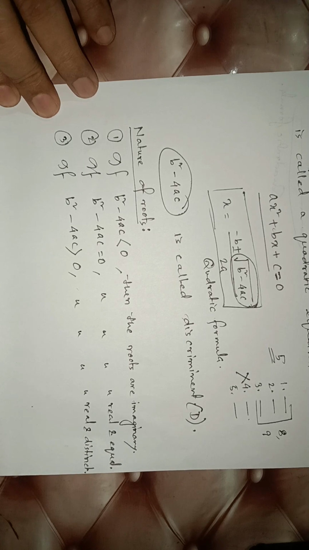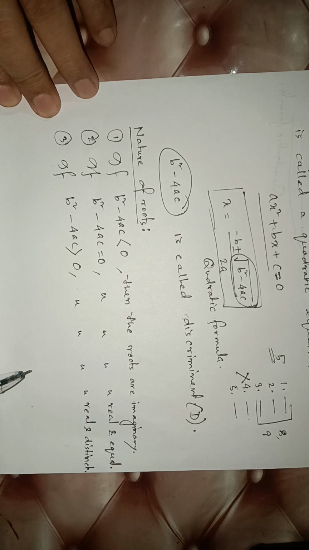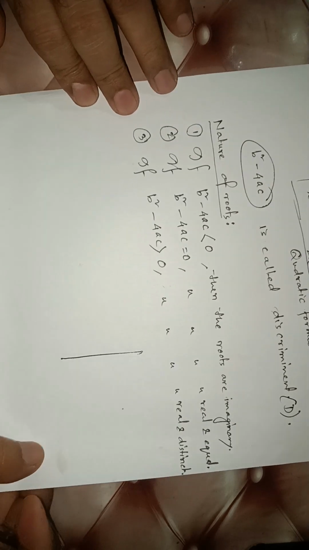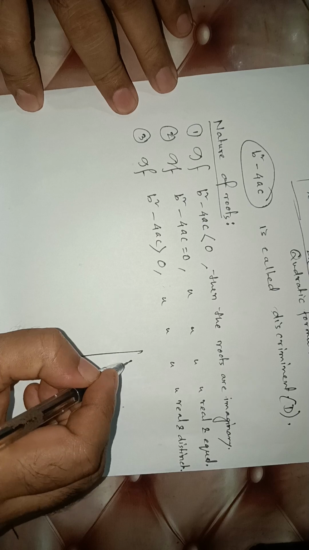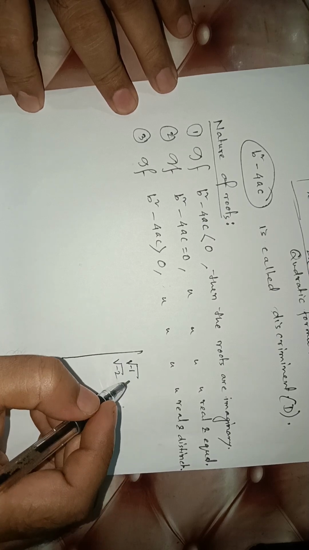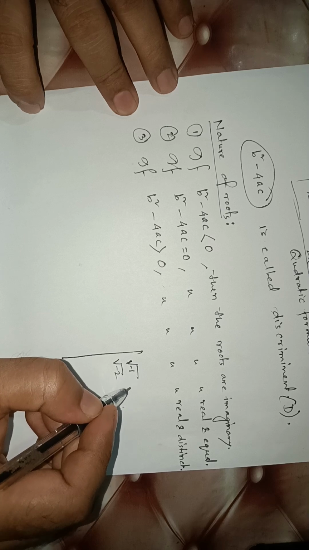Now, the first one: if b square minus 4ac is less than 0, that means all negative numbers, all negative integers. If you put any negative integer within the root, say for example root over minus 1, root over minus 2, root over minus 1 is undefined at your level.